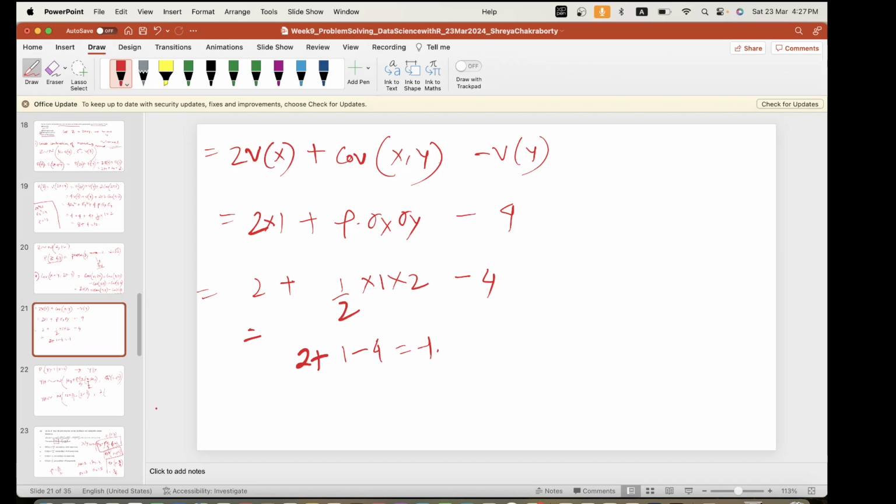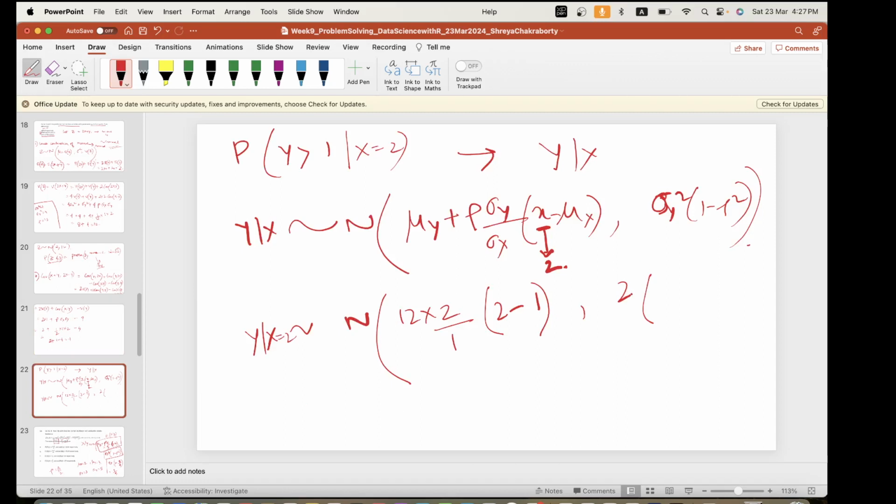Then here this would be 2 into 1 minus half square. 1 minus 1 by 4 is 3 by 4.